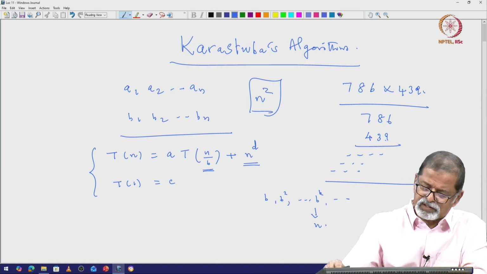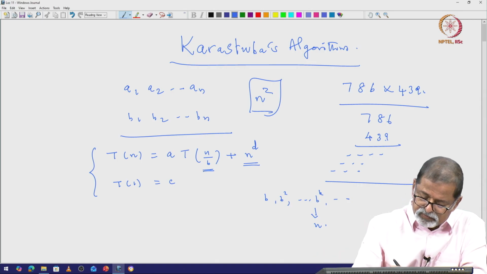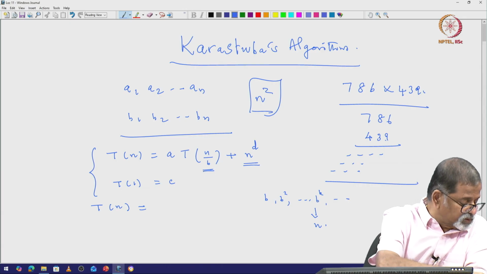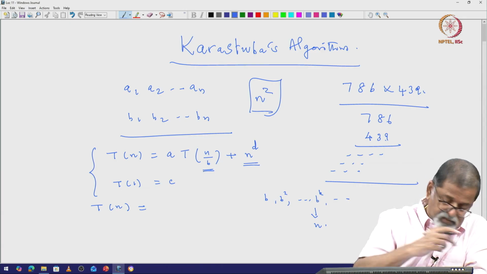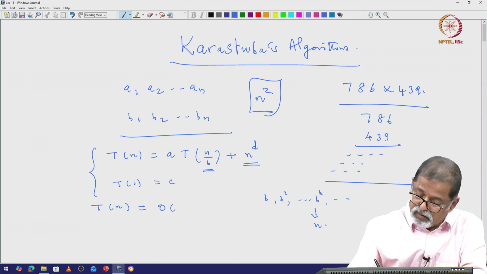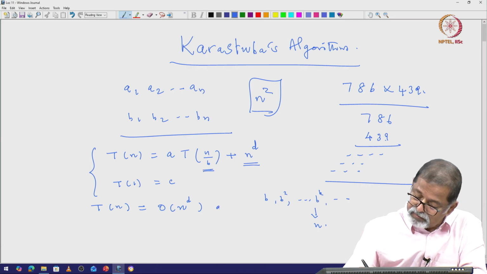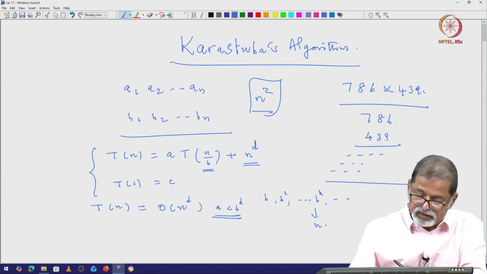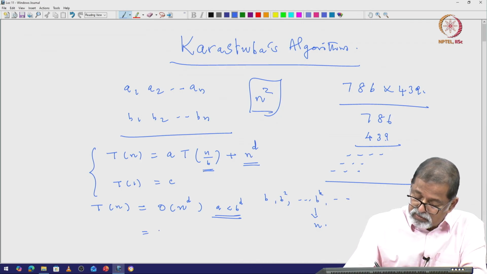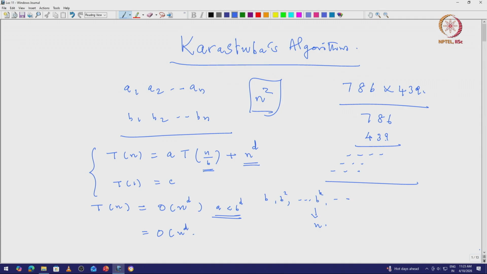This is well known, so I will summarize the result. Then T of n is equal to order n power d if A is less than b power d, and this is equal to order n power d log n if A equals b power d.